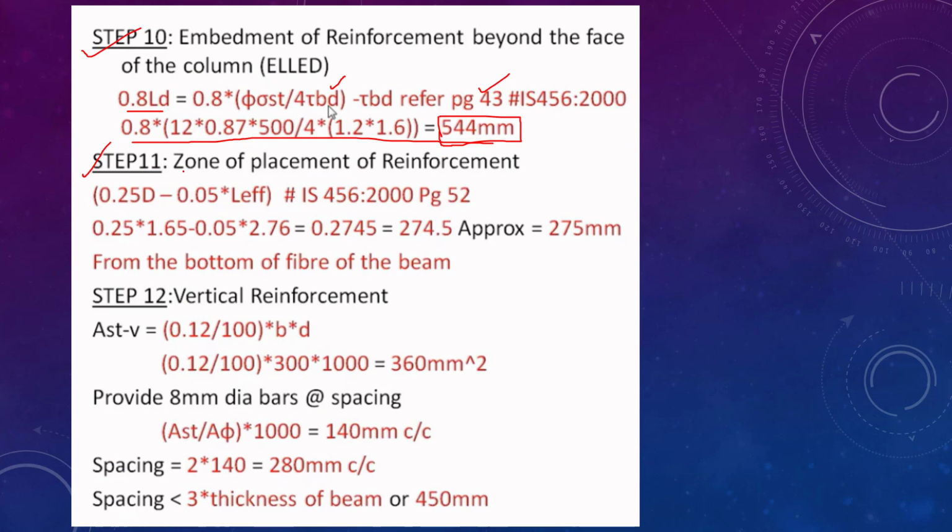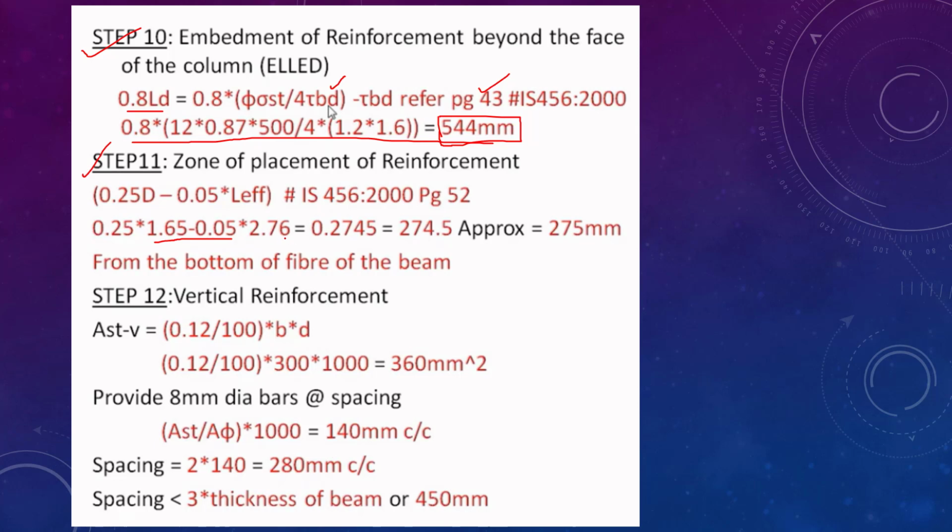And step number 11 is for finding the zone of placement. So 0.25D minus 0.05 into L. The calculation is 0.25 into 1.65 minus 0.05 into 2.76.